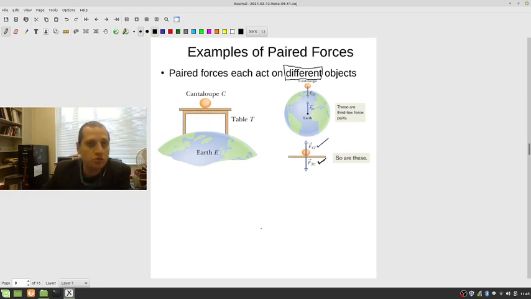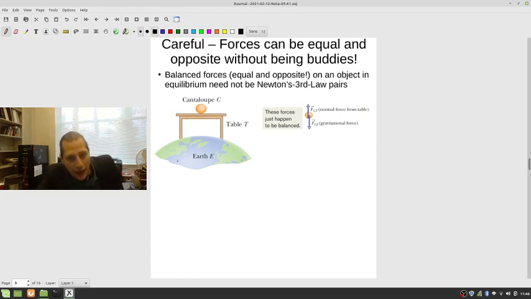The reason I stress that is that you can have forces that are equal and opposite without those being Newton's third law forces. So, for instance, the size of the force pushing up on the cantaloupe and the size of the force pulling down on the cantaloupe, those are the same size and they're in opposite directions.